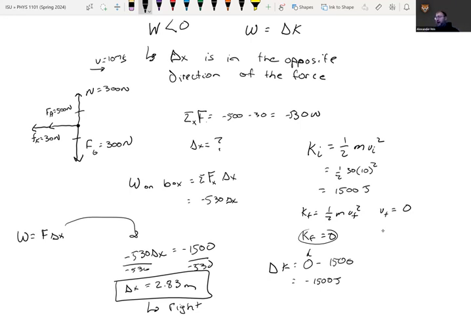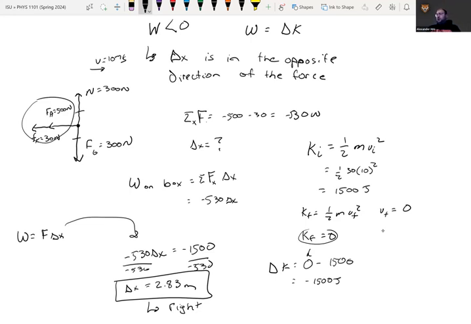It's going positive. And since we already defined left as negative up here, then we have a positive displacement going to the right, and a negative force. And basically, it was this negative force that was required to remove this object of its energy.